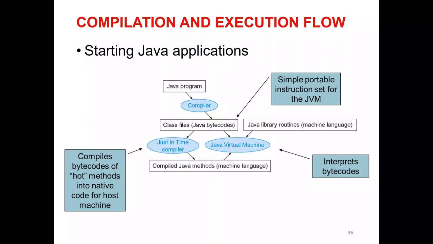Okay. So I want to also show you how Java works in this compilation and execution flow. With Java, once we compile our program, we have an instruction set of portable instructions which are called bytecodes and which are interpreted by something called the Java virtual machine.